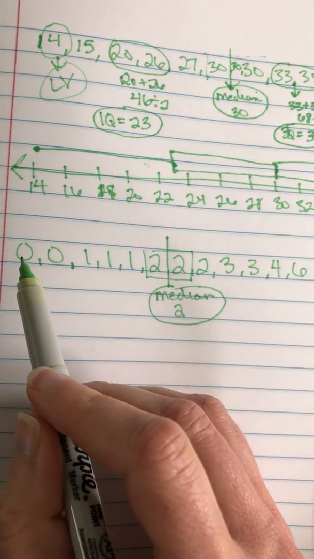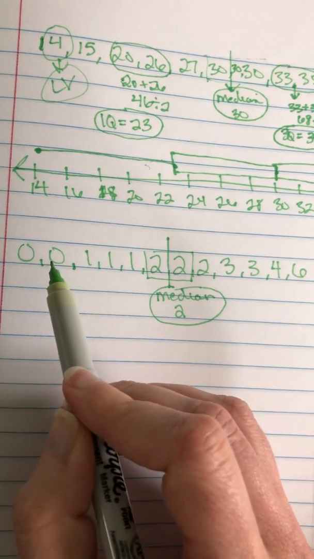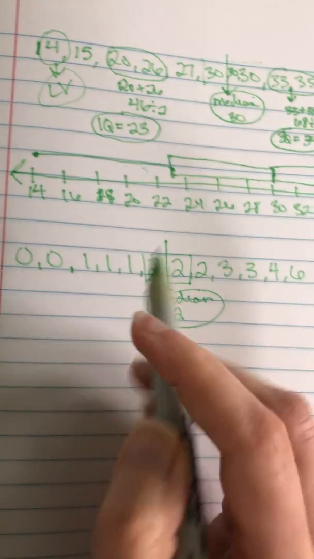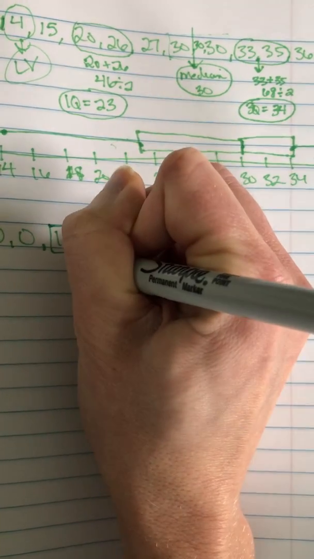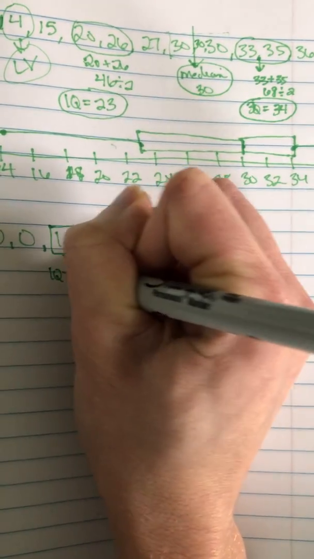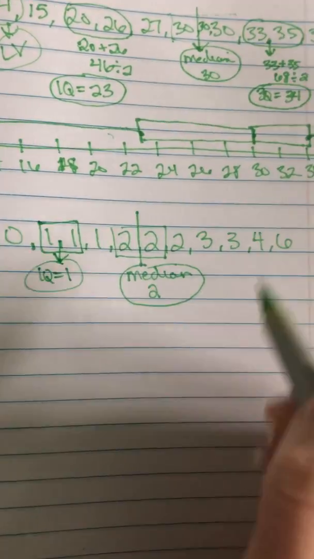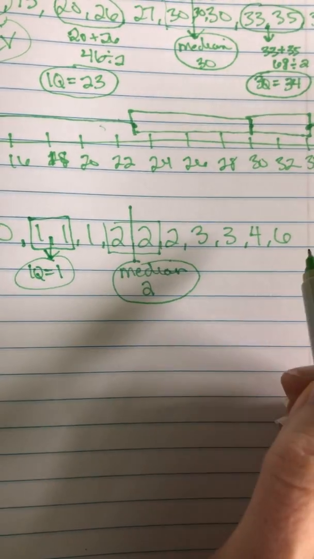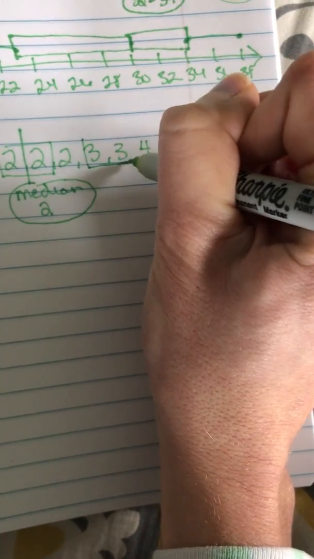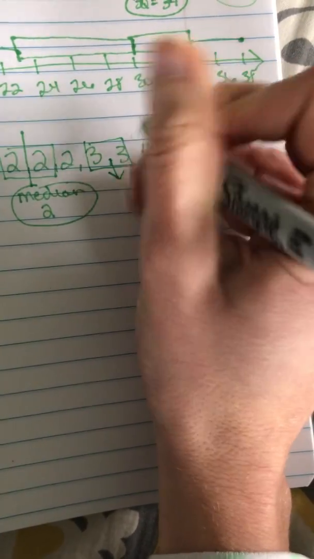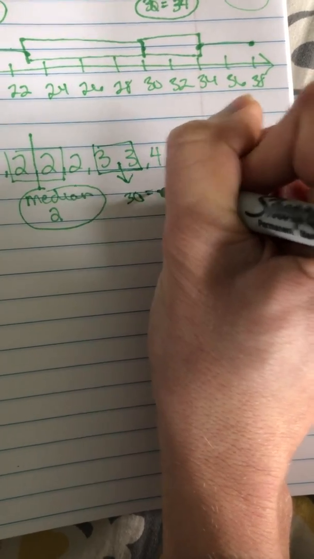So over here, what's in the middle is these 2 1s, which means that first quartile would just be 1. Over here, cross off the 2, cross off the 6, cross off the 2, cross off the 4, means those 2 3s are in the middle. So that means my third quartile is 3.